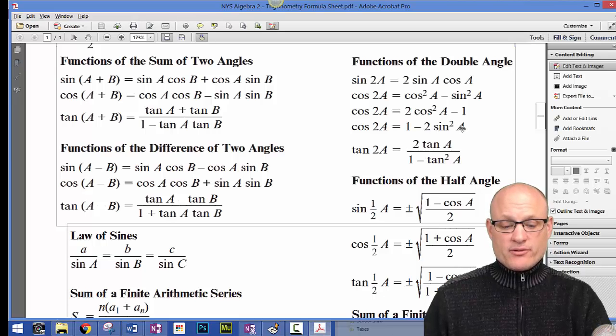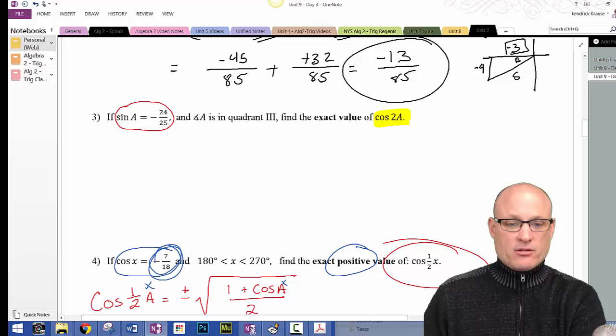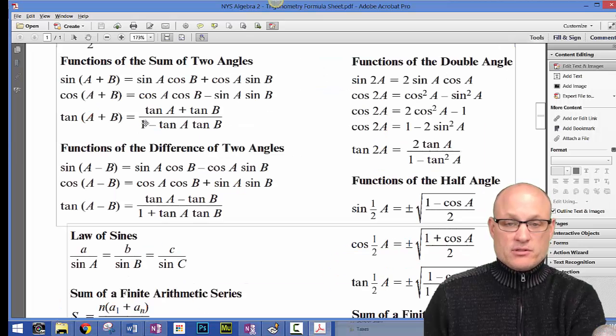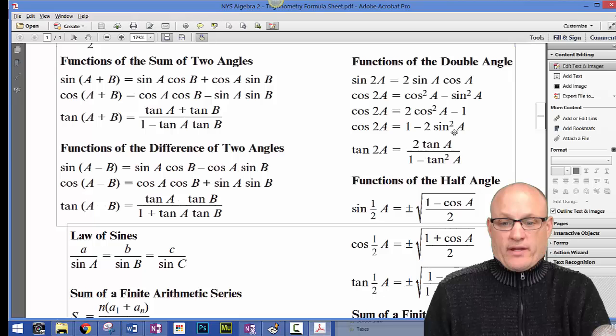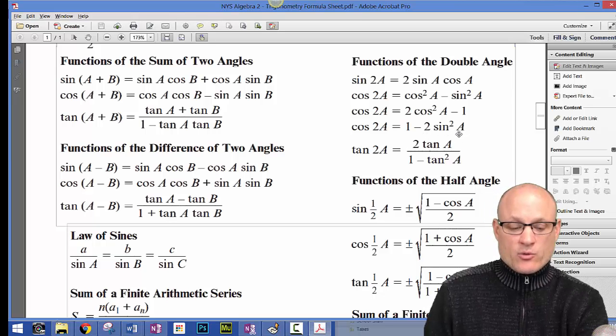We got 3 choices. Well, I look back, I go, oh, I was given sine. Well, wouldn't it make sense that I only use the one that has sine in it? This one right here, 1 minus 2 sine squared a.